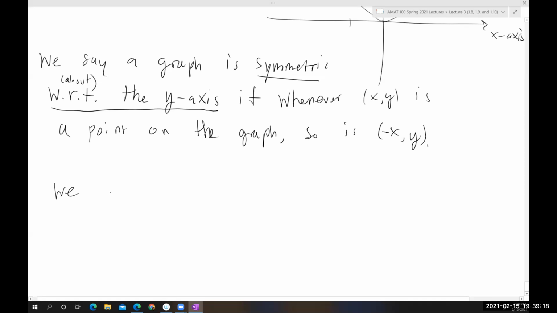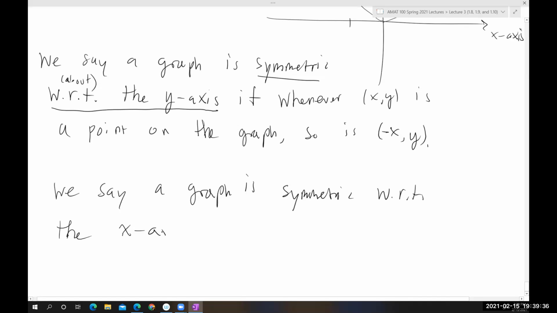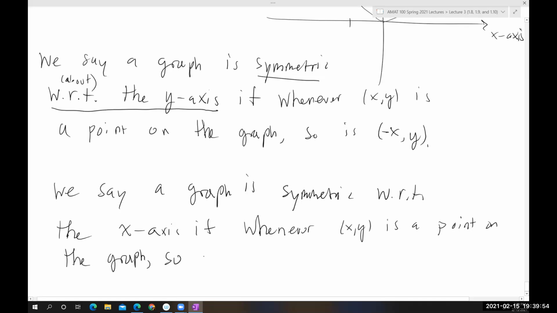And then we say a graph is symmetric with respect to the x-axis if whenever (x, y) is a point on the graph, so is (x, -y).